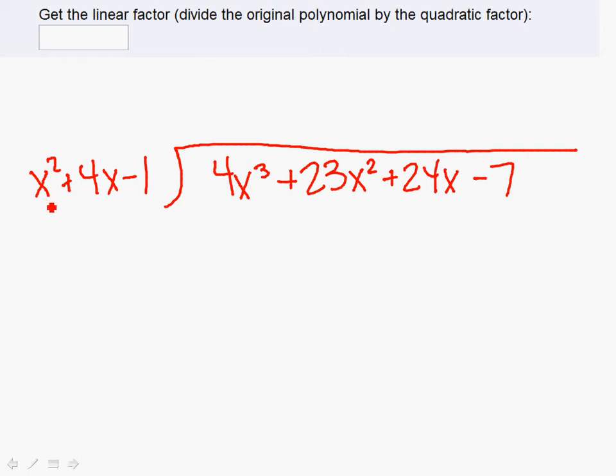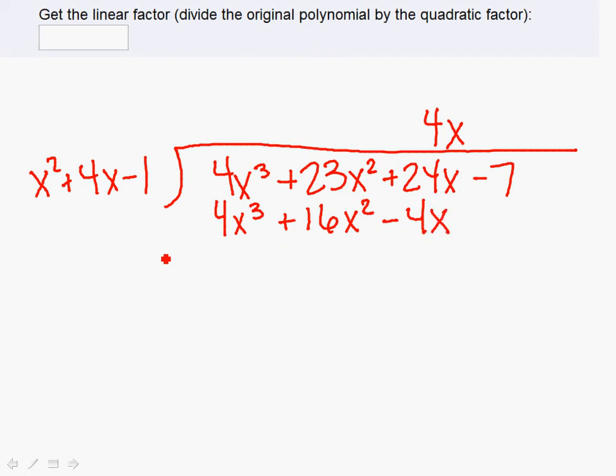So x squared into 4x cubed is 4x. Notice I'm lining up the x with the x. So 4x times x squared is 4x cubed. 4x times 4x is 16x squared. And 4x times negative 1 is negative 4x.